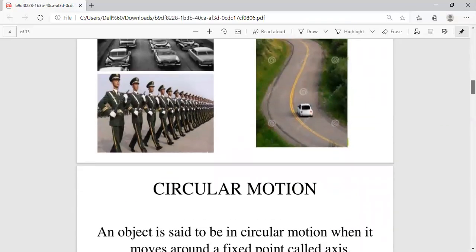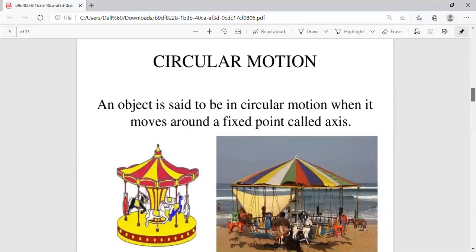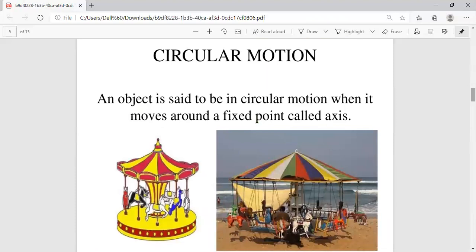So let's see next the circular motion. An object is said to be in circular motion when it moves around a fixed point called the axis. Children, let me explain. You used to draw a circle. In a circle, the center is a fixed point and the radius from the center of the circle is always equal.